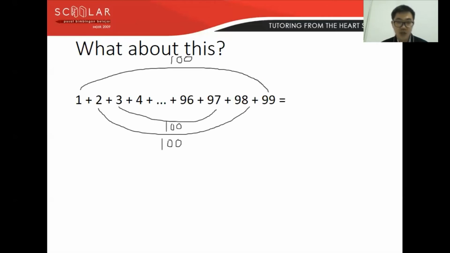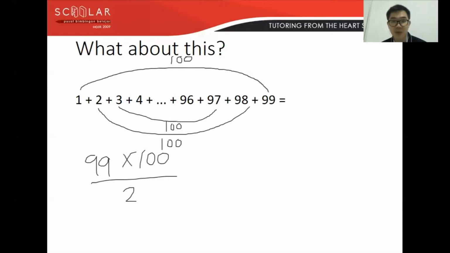So in a sense, you will have a lot of 100s added together. How many of them are there? Suppose there are 99 numbers, and when you pair the first and the last, the second and the second last, you get 100. So you have 99 times 100 and then divide by 2.